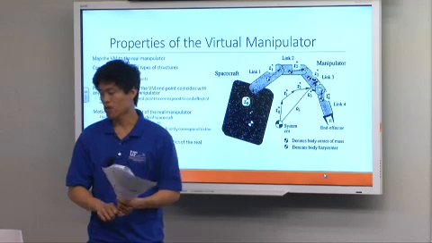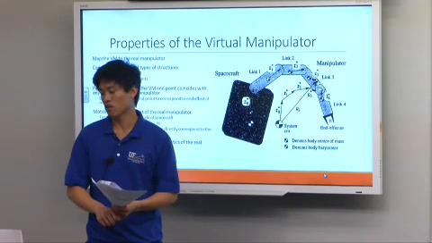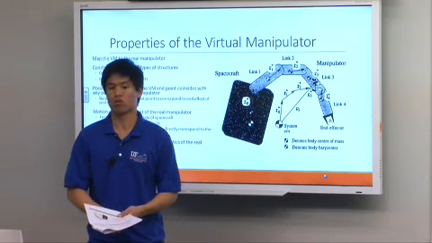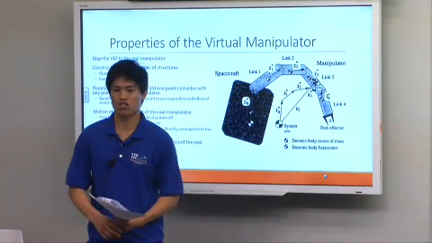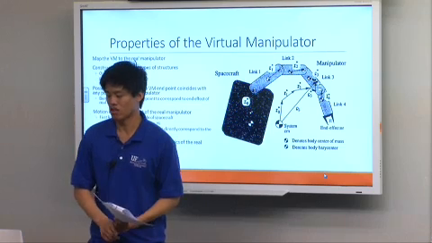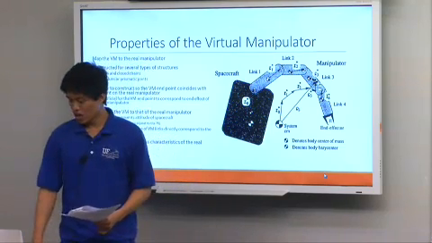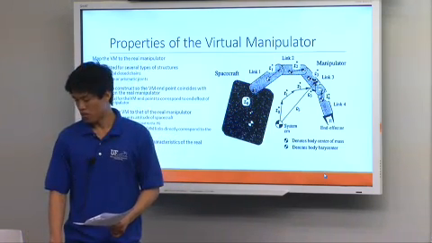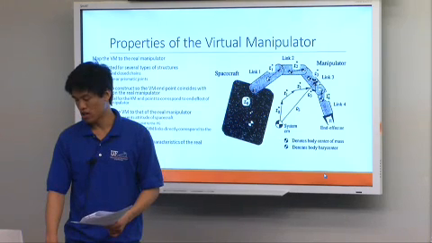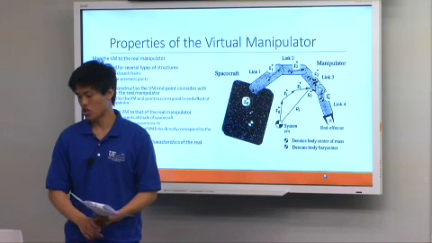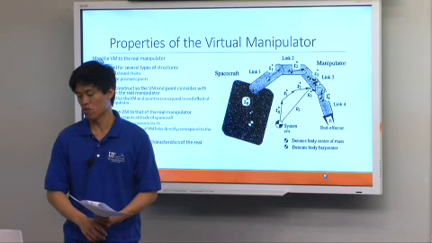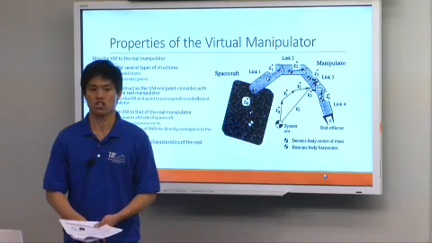And the remaining link rotations of the virtual manipulator links directly correspond to the real manipulator. So there's an assumption that these links are just revolute joints. I don't think I've seen it for prismatic joints yet, but that's fine. Another important property is that the virtual manipulator does not change if the mass characteristics of the real manipulator do not change either.